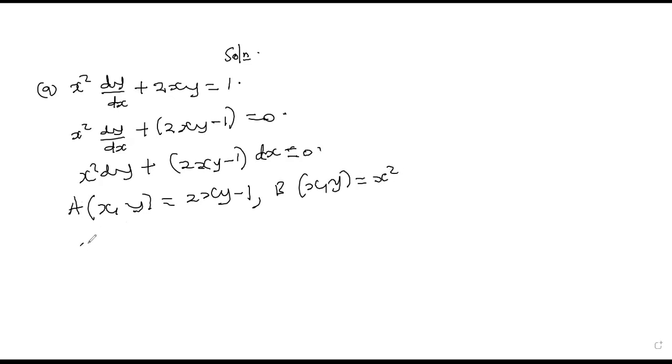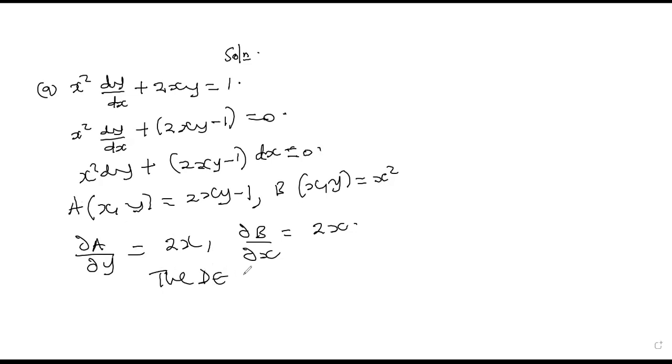So you look for the partial of A with respect to y, which will be 2x, and the partial of B with respect to x, which will be 2x, implying that the differential equation is exact.